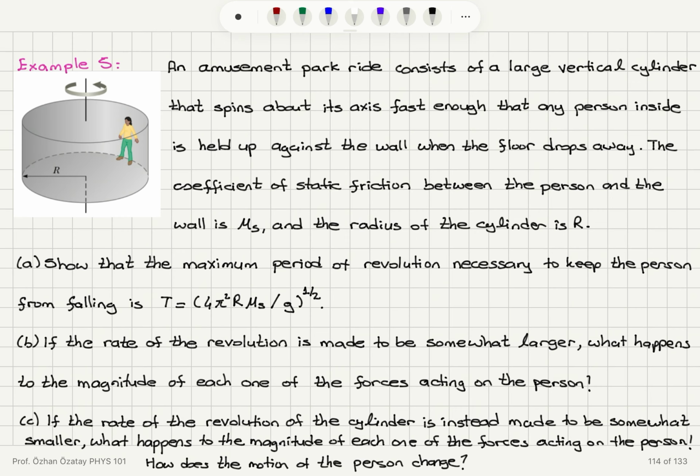And in part B, if the rate of the revolution is made to be somewhat larger, what happens to the magnitude of each one of the forces acting on the person, and if the rate of the revolution of the cylinder is instead made to be somewhat smaller, what happens to the magnitude of each one of the forces acting on the person? How does the motion of the person change?